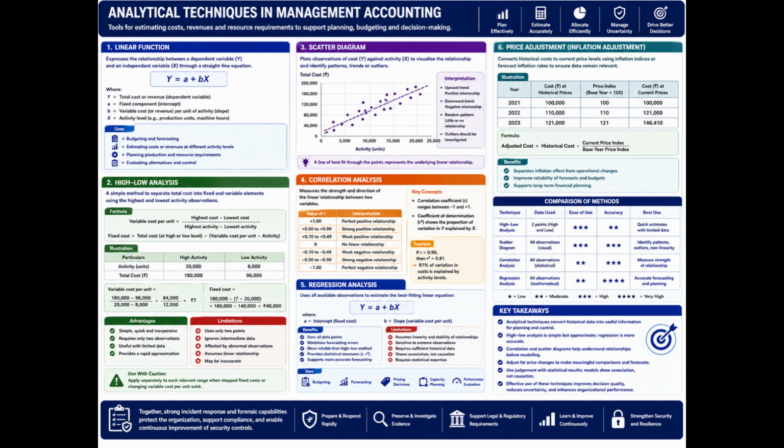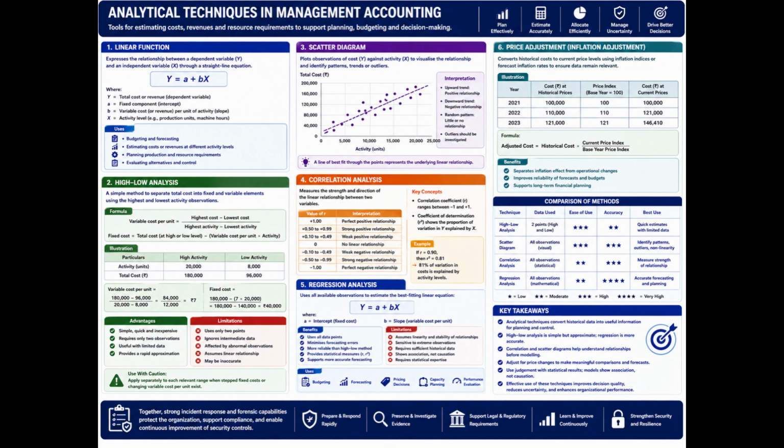Conversely, a downward trend indicates a negative relationship, while random dispersion suggests little or no correlation. A line of best fit may then be drawn through the observations to represent the underlying linear relationship and estimate the cost function visually.